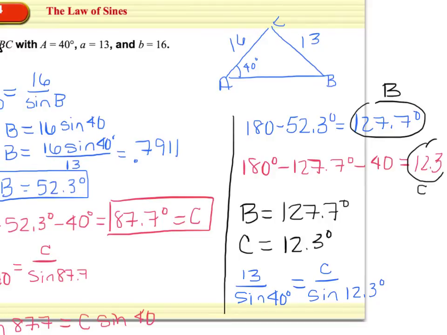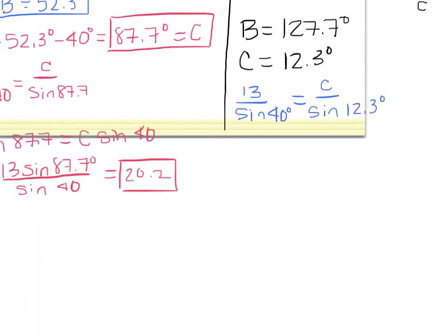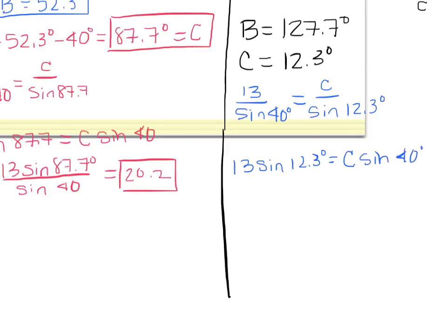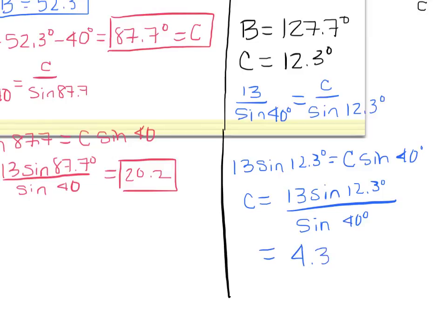When I solve for side length C of my second triangle, we have 13 times the sine of 12.3 degrees is equal to C times the sine of 40 degrees, or side length C is equal to 13 times the sine of 12.3 degrees divided by the sine of 40 degrees. When we calculate all of this out, we see that side length C is actually equal to 4.3 units.